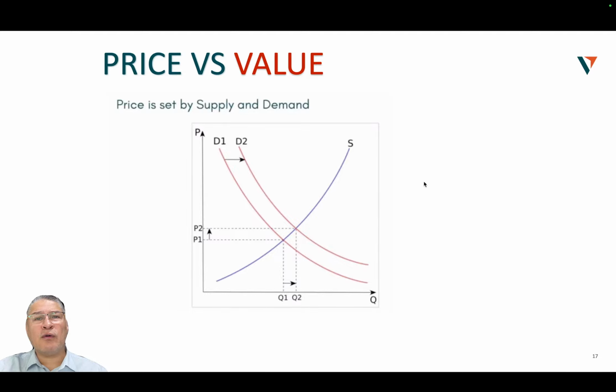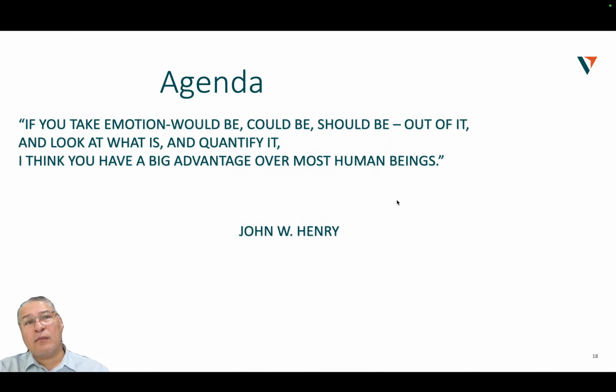All right, and the message of the market that we're trying to decode is related to learning that if you take emotion, the would be, the could be, the should be, out of your decision making, and you look at just what is happening and you can quantify that, you have a big advantage over most humans.